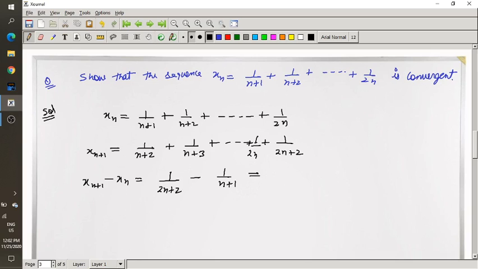So let me check whether it is positive or negative. If I take common, 1 upon 2 times n plus 1 minus 1 upon n plus 1. So what is the intuition? This is half of this number, right? So the idea is clear that it will be negative. So let us prove it. The LCM will be twice of n plus 1, right?